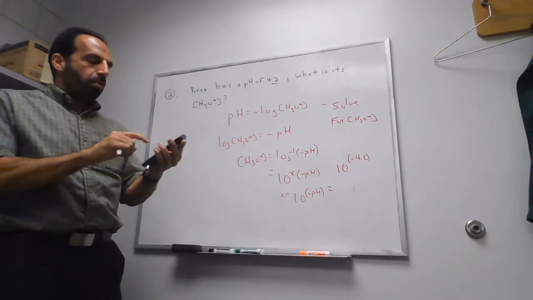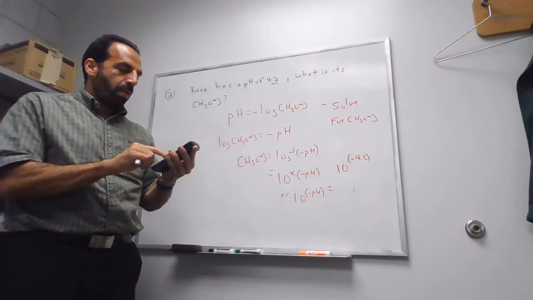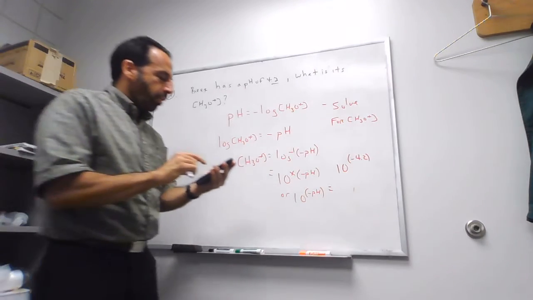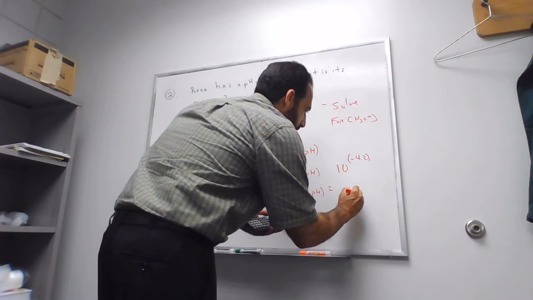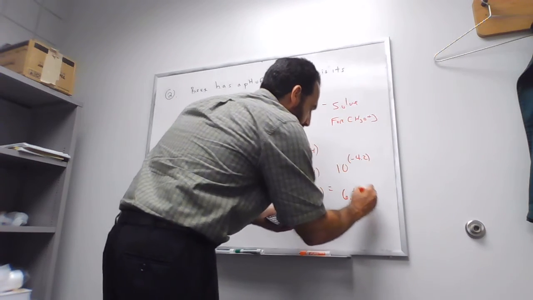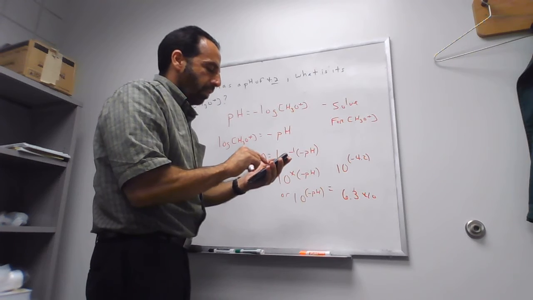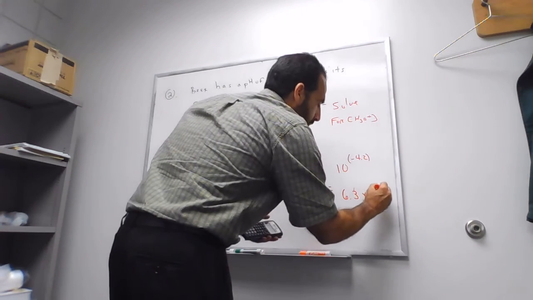So basically you use second log of negative 4.2. Oh, and I should get about 6.3 times 10. I think I'm going to put this in scientific notation. Times 10 to the minus 5 molar.